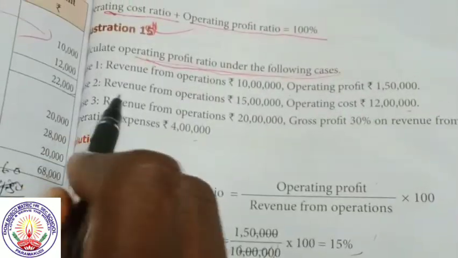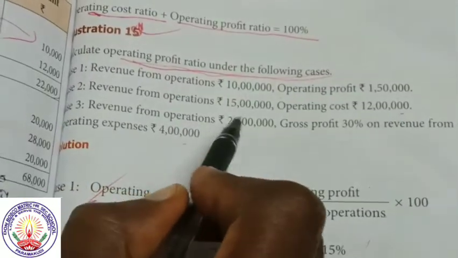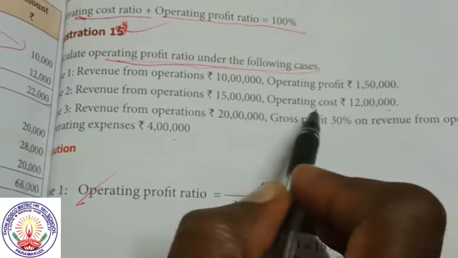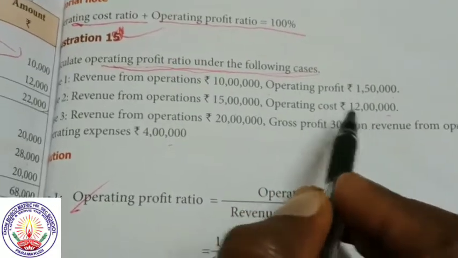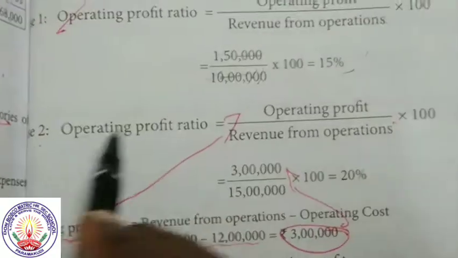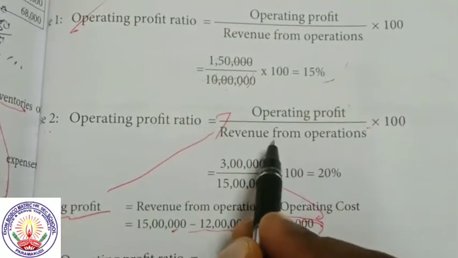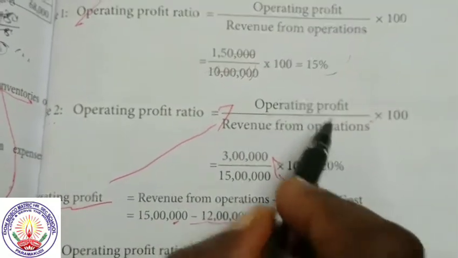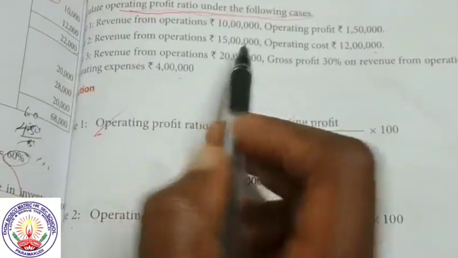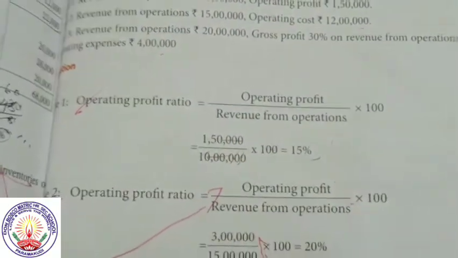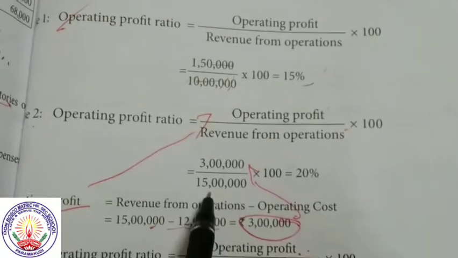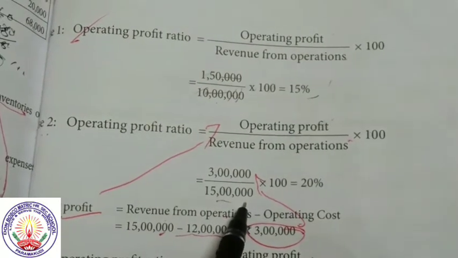Case 2. Revenue from operation 15 lakhs, operating cost 12 lakhs. Now find it for case 2. Operating profit ratio equals operating profit divided by revenue from operation. Revenue from operation is directly given as 15 lakhs.